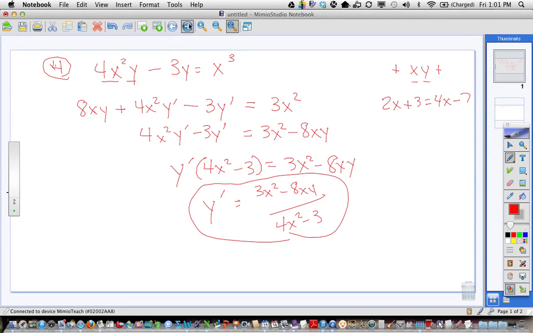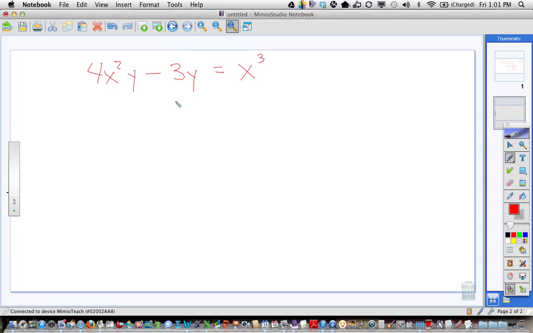What you want to do is get the y terms together on one side, which they already are, get the non-y terms on the other side, and we can factor out a y. So before we've done any derivative, we can just factor out a y. And then we can divide. And we got this. Now we haven't done a derivative yet. All we did was get the y by itself.